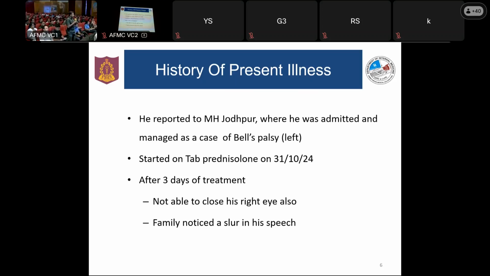Sir, he came with complaints of weakness. The mic closer to you. So he came with complaints of weakness of the entire left side of the face. That is including he was not able to close his left eye, and there was a deviation of face towards the right side. So which part of this tells you that it is lower motor neuron? Unable to close his eyes. So a person who's unable to close eyes is likely to be a lower motor neuron kind of palsy.